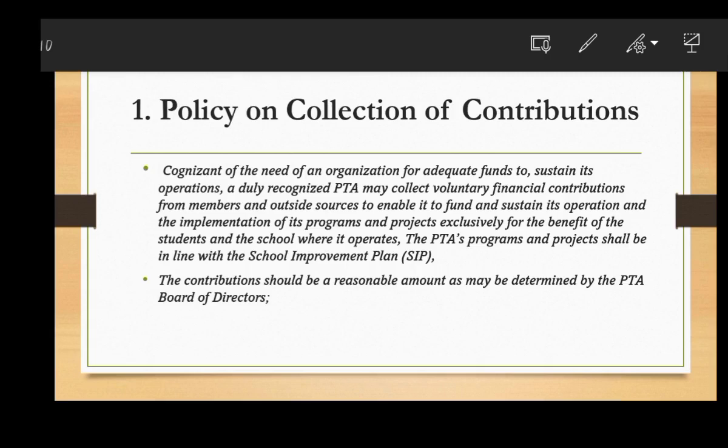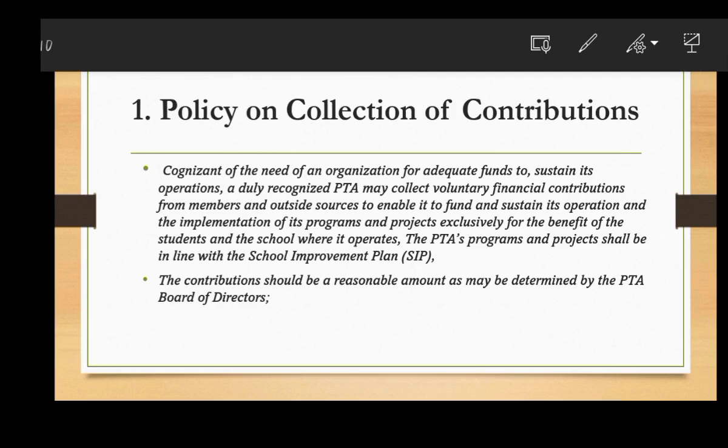Okay, for further information, the PTA is also known as Parent-Teacher Organization or Association. So, parents have been collecting funds from their co-members and also from other members outside the school premises for the improvement and sustainability of operations, for the benefit of the students and the school.